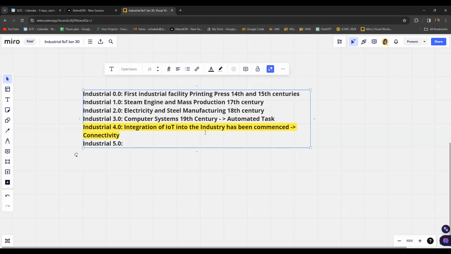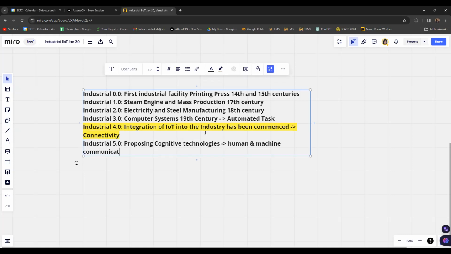So Industry 5.0 is about basically going ahead of Industry 4.0, and proposing some intelligent systems, proposing cognitive technologies into the industry. Cognitive technologies means technologies that enable human and machine communications, such that these communications are possible between the machines and the humans in a flexible and friendly manner.